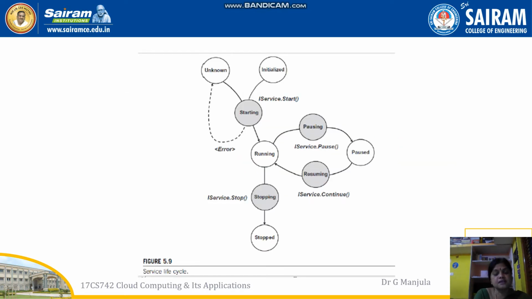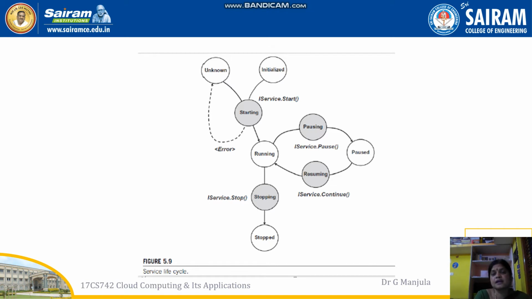So this is a service life cycle. You will get some knowledge on this. I may not be sure now, because I will give some case studies of the Aneka framework. Then you will come to know how it can be taken care of. Suppose an unknown service or task has come to me, so I am going to start it. It is just like a straight flow diagram. I start the job. While starting or running, there are two types of services: either I can pause it or I can resume it.